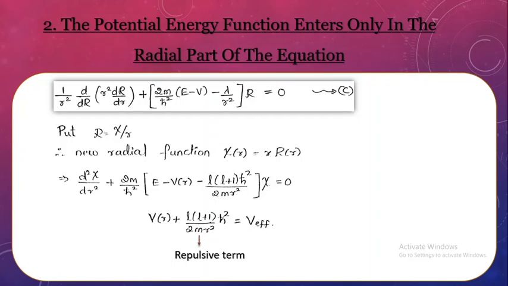If you look at this repulsive term and modify it, you can get the repulsive force also. So repulsive force will be equal to l into l plus 1 into h cross square divided by m r cube. And as it is a repulsive force, you can again define a centrifugal force in this case.